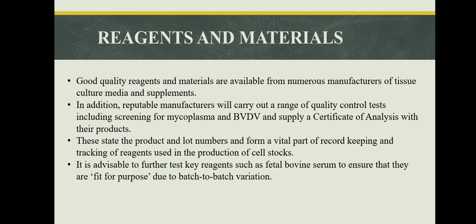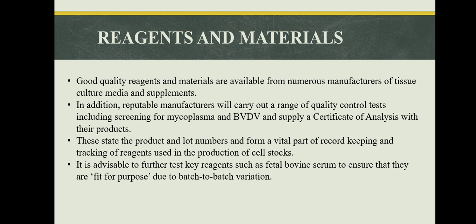Then the reagents and materials. Good quality reagents and materials are available from numerous manufacturers of tissue culture media and supplements. In addition, reputable manufacturers will also carry out a range of quality control tests including screening of mycoplasma and BVDV and supply a certificate of analysis with their products.